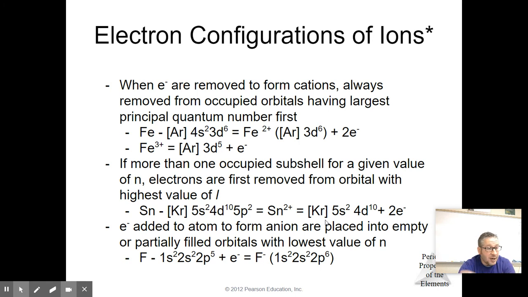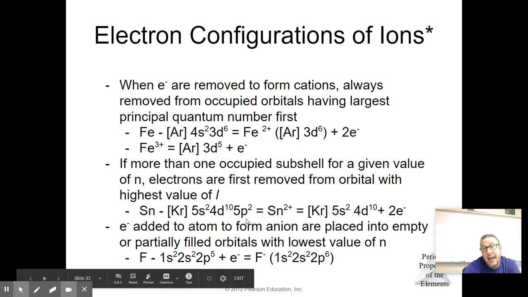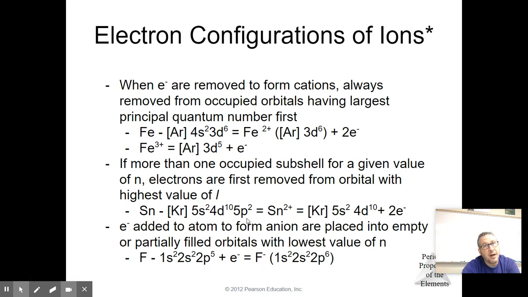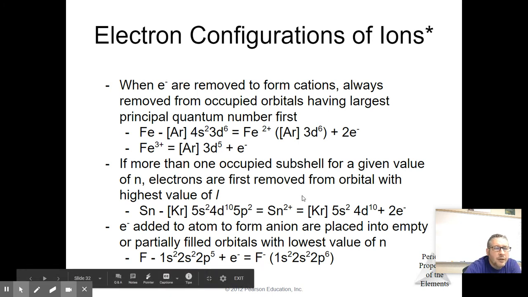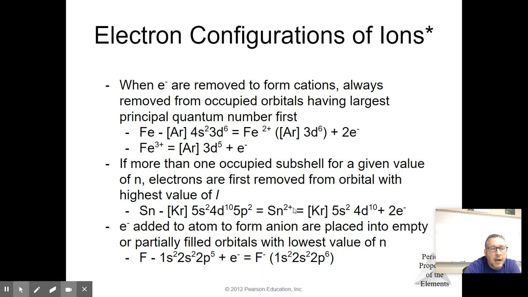P has a value of l of 1, whereas s has a value of l of 0, so those two electrons are going to be removed from the p orbital. So 5p essentially gets knocked out, and our noble gas configuration for Sn2+ becomes Kr 5s2 4d10.